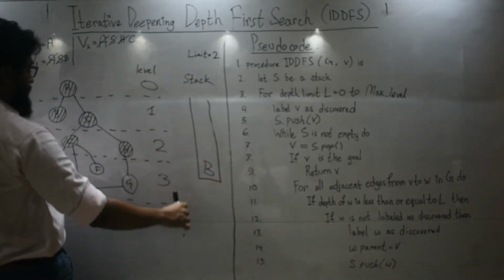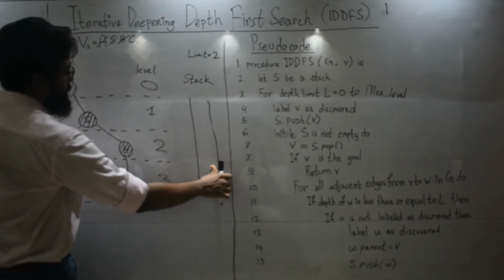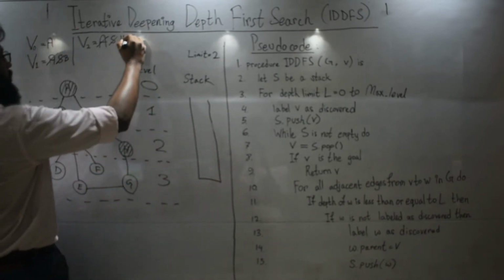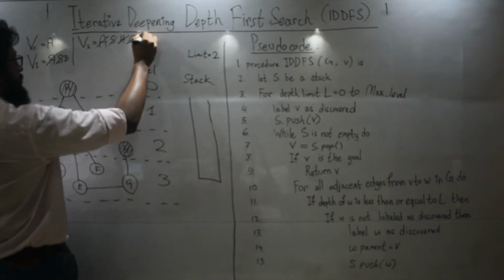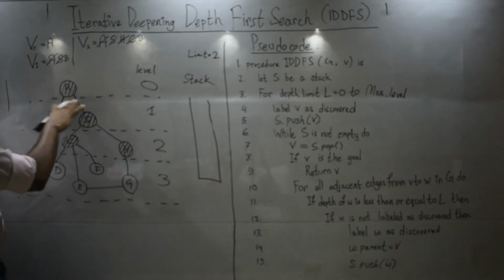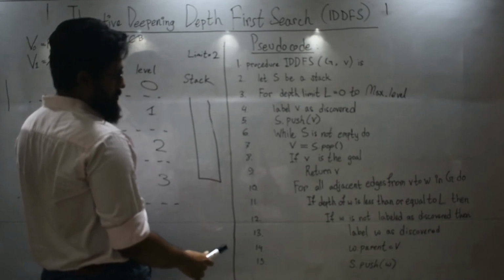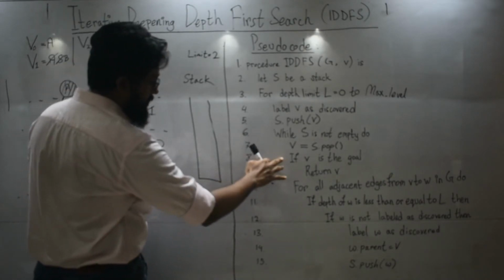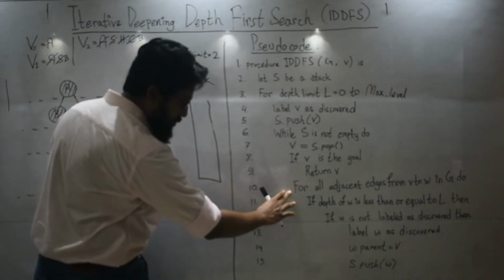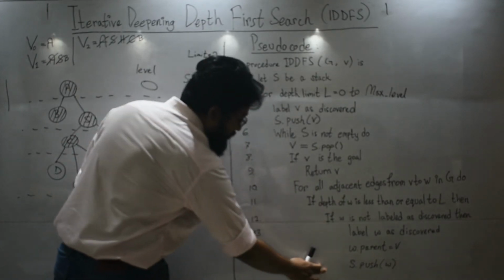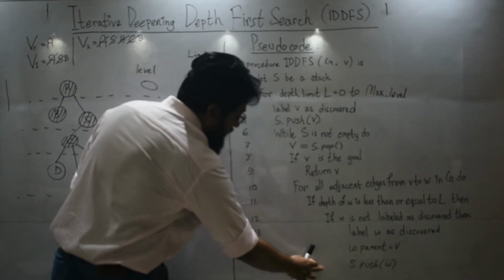Pop whatever is on top. Okay, so let's pop B and place it over here. B's neighbors have already been visited. Okay, so my stack is empty. B's neighbors have been visited, so this whole process will be skipped.